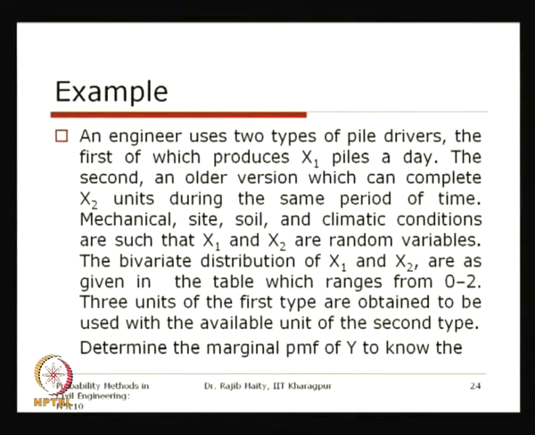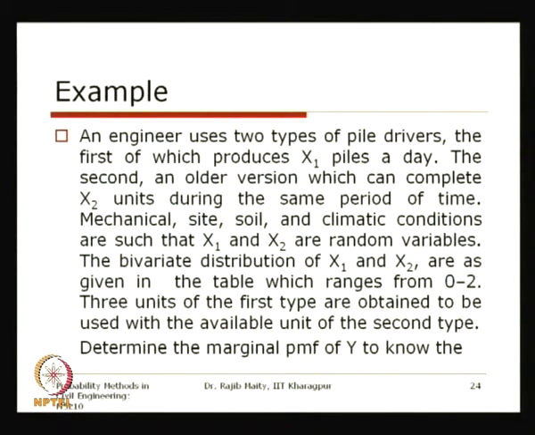So we have taken one example here. An engineer uses two types of pile drivers, the first of which produces X1 piles a day, and the second one is an older version which can complete X2 units during the same period of time.